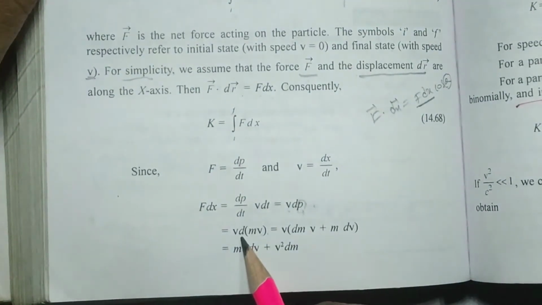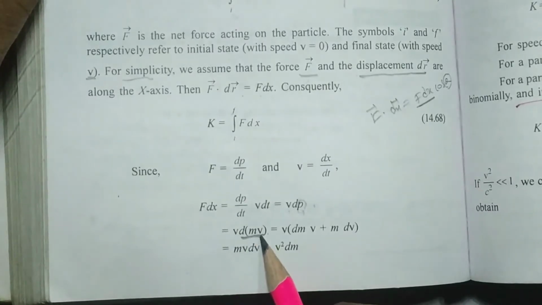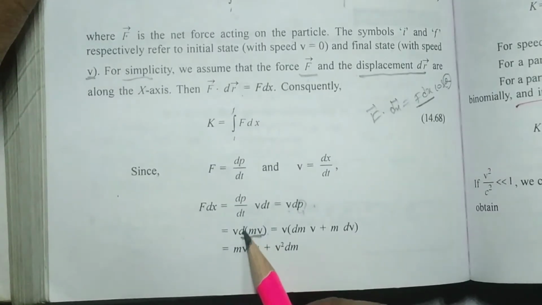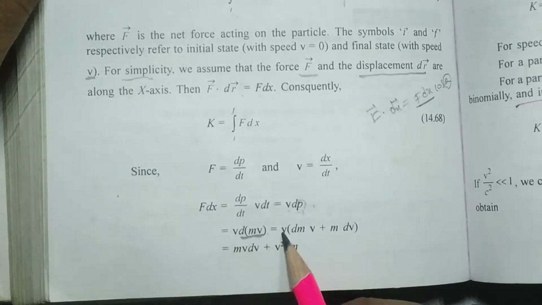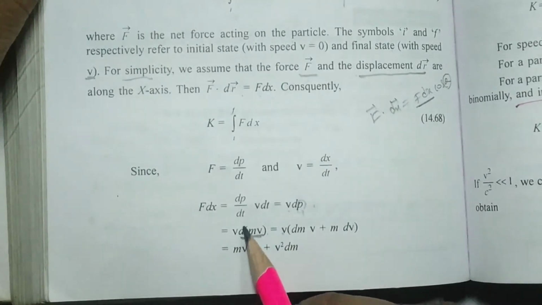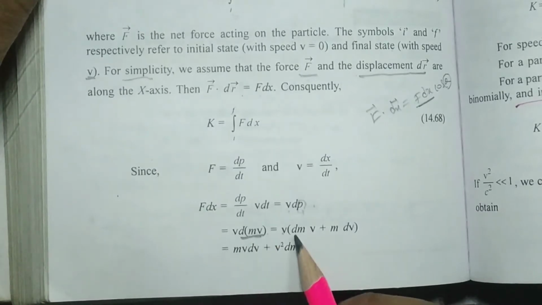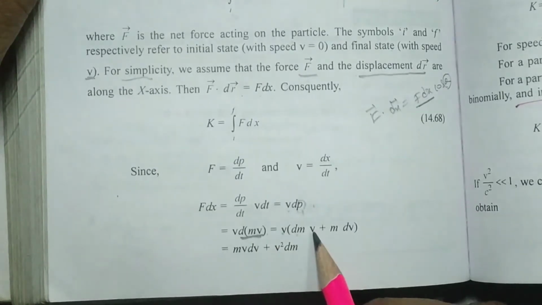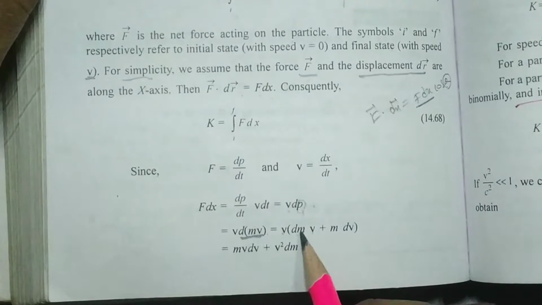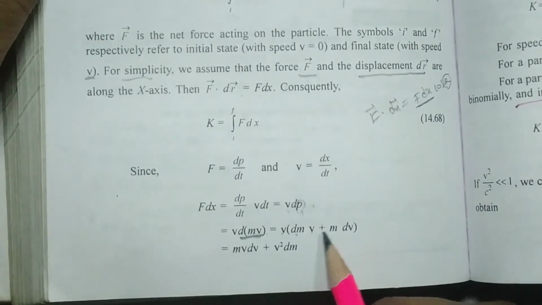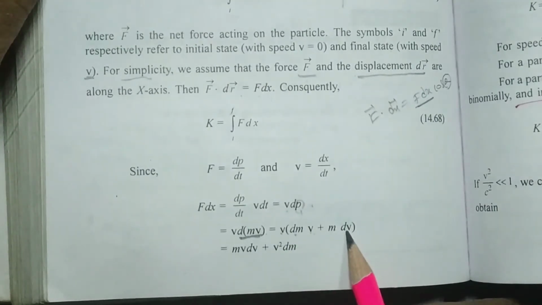So the derivative of mv, we have to use the product formula: derivative of m times v plus m times the derivative of v.